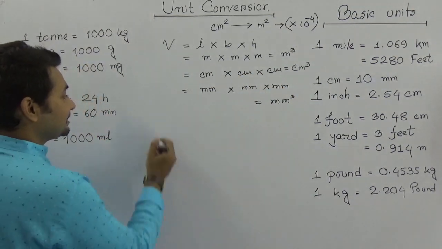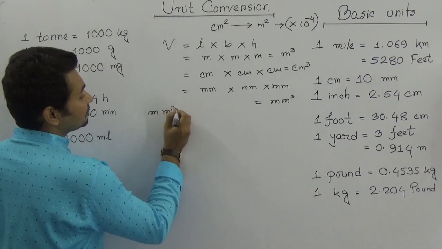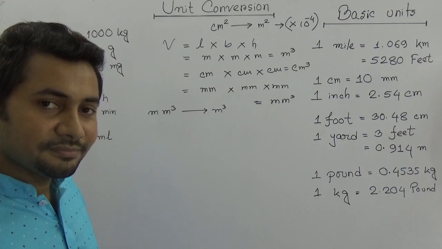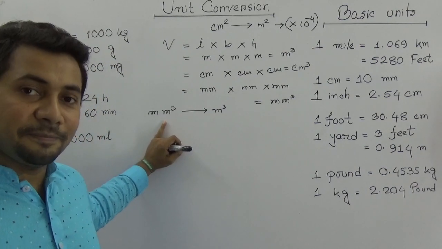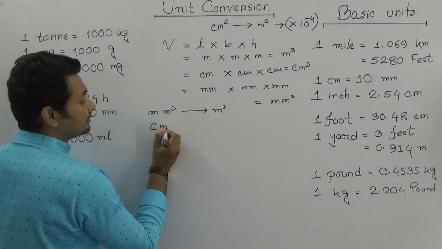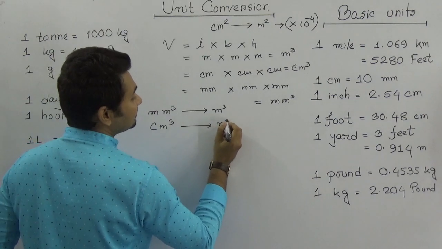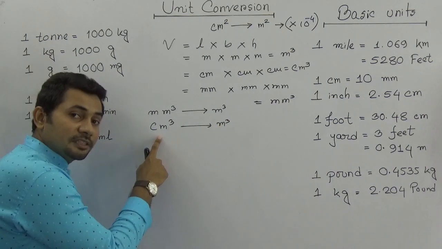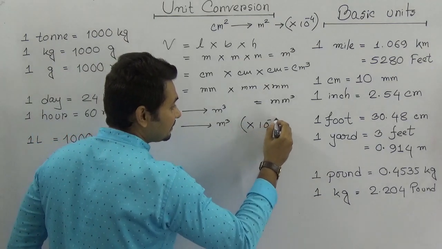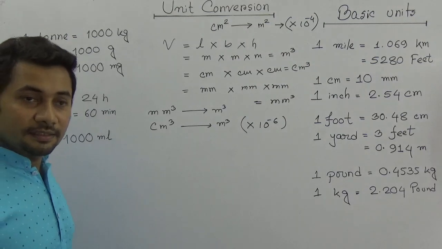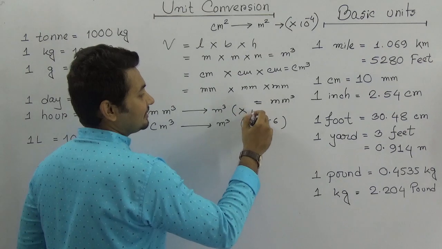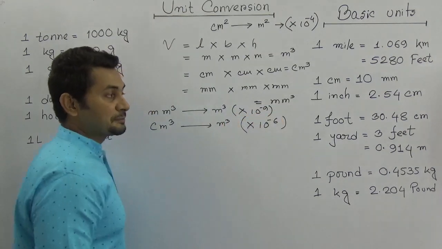And if the question is to convert millimeter cube to meter cube, what will you do? Before explaining that, from centimeter cube to meter cube, if you want to go, just multiply by 10 to the power minus 6. And from millimeter cube to meter cube, just multiply by 10 to the power minus 9.